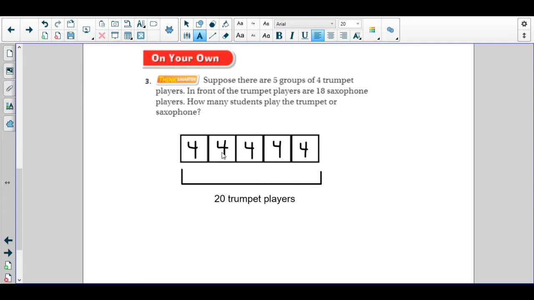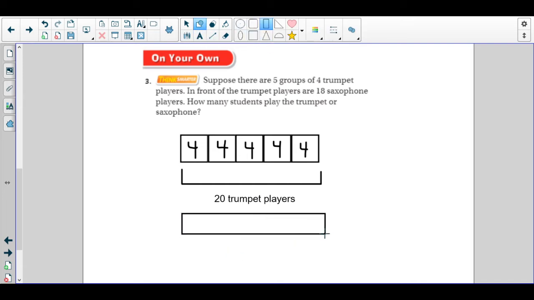And in front of these trumpet players, what we had was a group of 18 saxophone players.